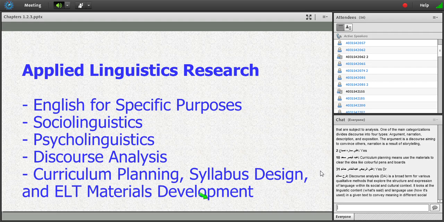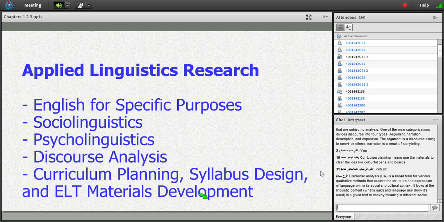These are the major areas of research that we have in applied linguistics. Some studies have been conducted and there are still gaps which have not been fulfilled by the scholars. So you may be interested in conducting research, so you may study, for example, articles related to sociolinguistics to find a topic that has not been investigated before.